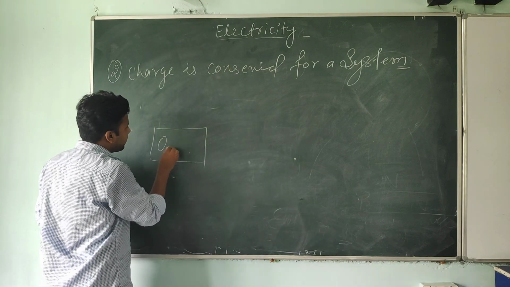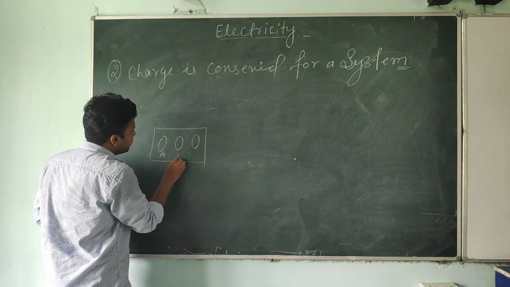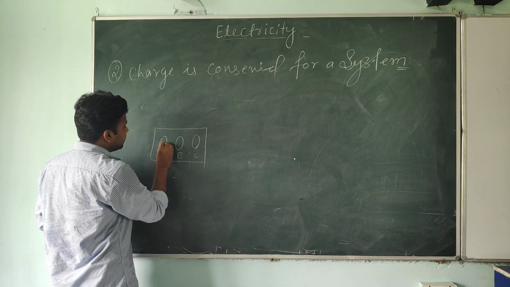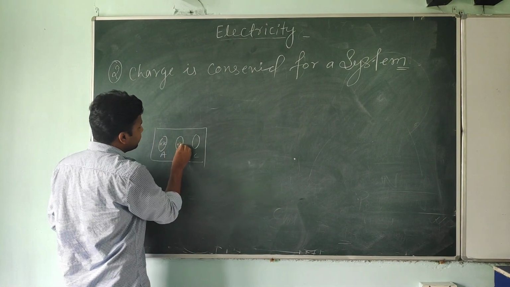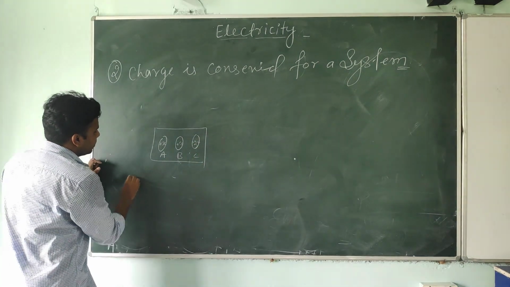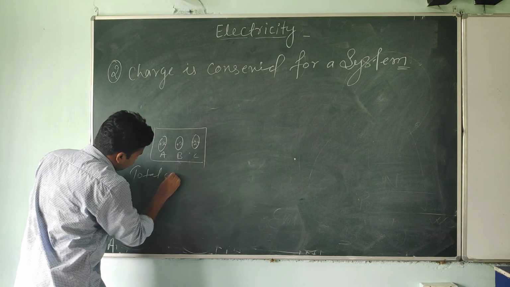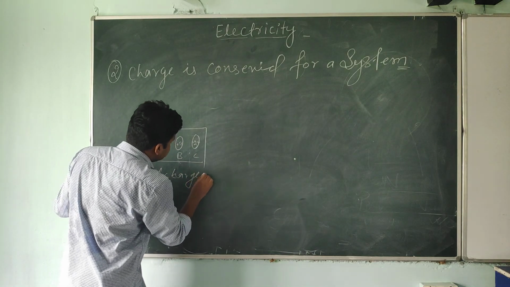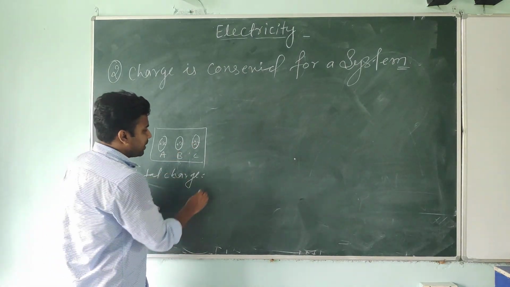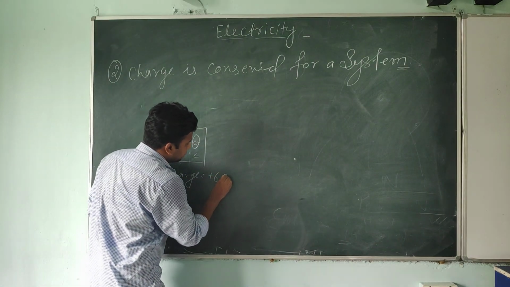This system has three particles A, B and C, and A has plus 3 coulomb, B has plus 5 coulomb and C has minus 2 coulomb charge. Total charge how much? Total charge is plus 3 plus 5 is 8, minus 2, plus 6 coulomb.